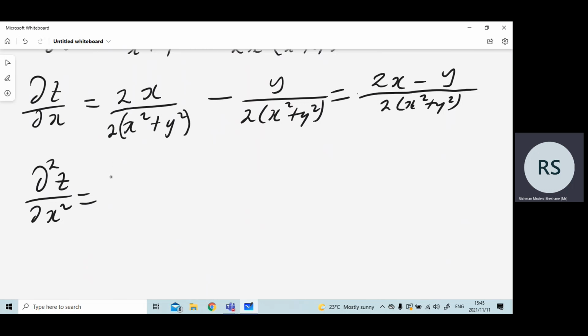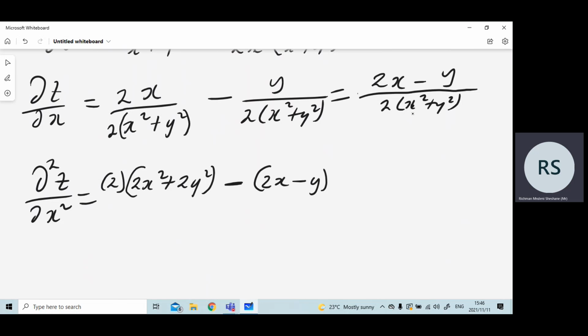While we leave the denominator, let me multiply the 2 inside: 2x squared plus 2y squared, minus the numerator 2x minus y multiplied by the derivative of the denominator with respect to x.